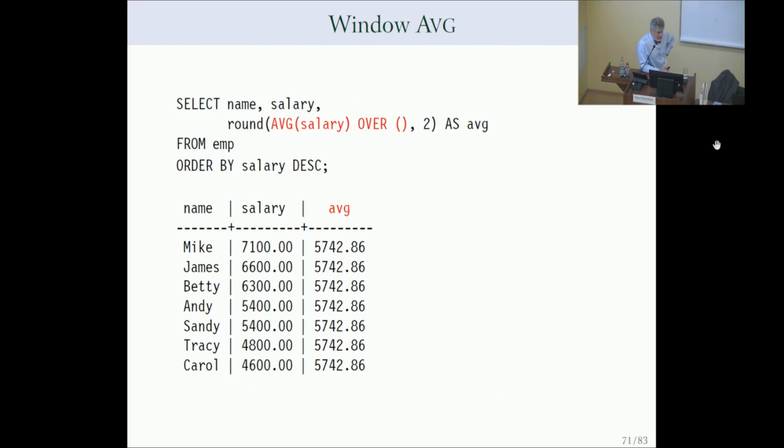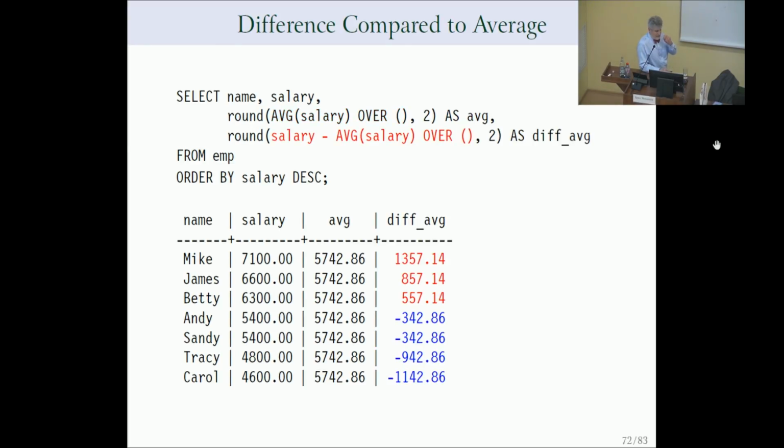Here's another example. I'm computing the average. So I have a third column, and I'm just computing the average of all the employees. You might think, oh, that's not very useful. Why would I want to do that? But I can actually do this. And what this does is, for the last column, well, we kept the average right here, okay? But for the last column, we subtracted their salary from the average, and we got a difference.